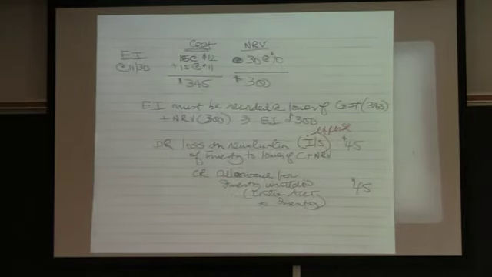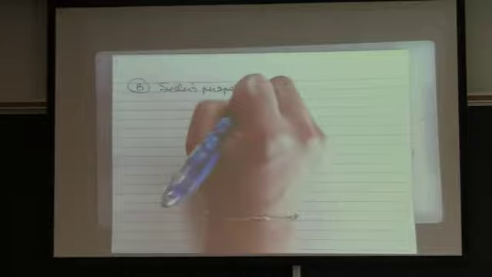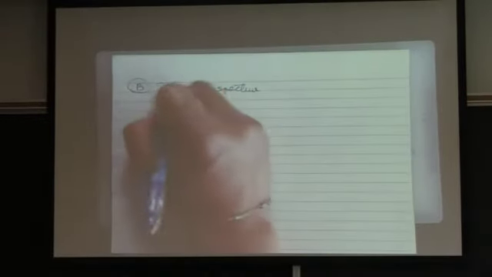Now, we're going to take a look at part B to the question. And part B says, let's look at it from the seller's perspective. So we're going to go back to the transactions, and we're going to take a look at it from the seller's perspective. Okay, so let's look at this, seller's perspective, or Q-Moon's perspective.